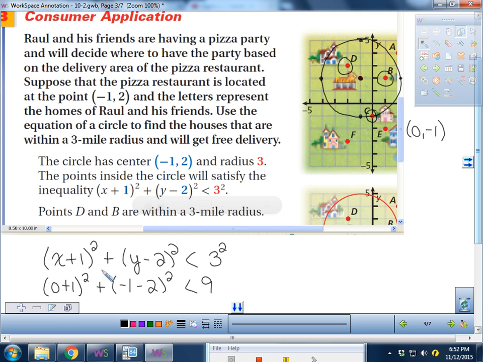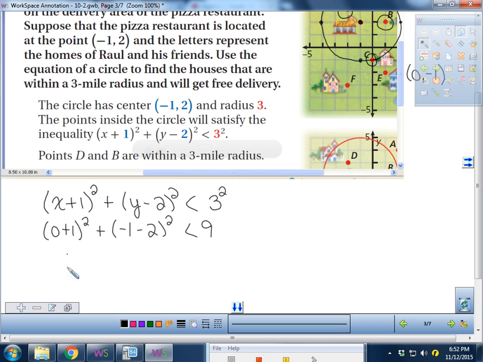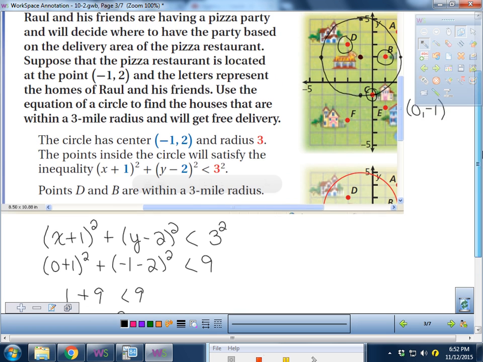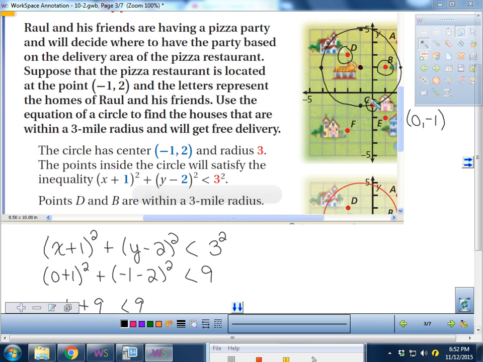If I work this out, 1 squared is 1, plus negative 1 minus 2 is negative 3 squared, which is 9. So I get 10 is less than 9. Is 10 less than 9? No. So C is not inside my circle; it's going to be on the outside. Therefore, the only places that can get free delivery would be house D and house B.